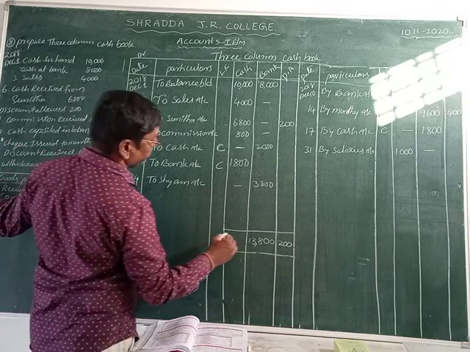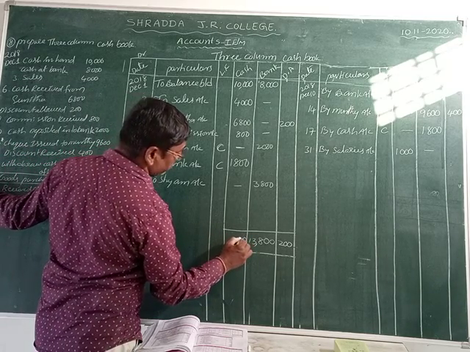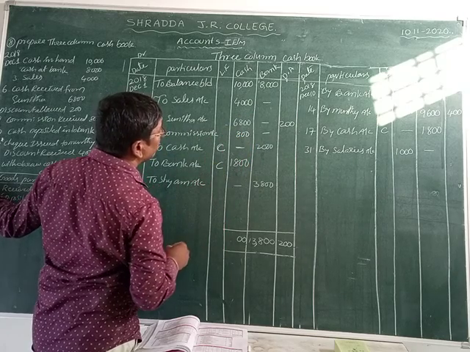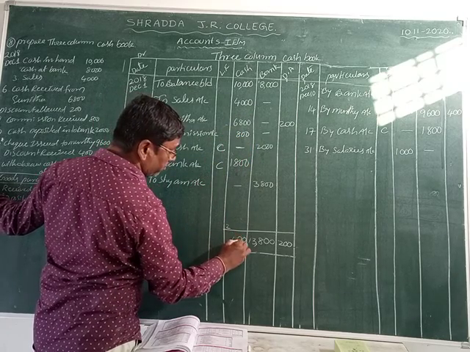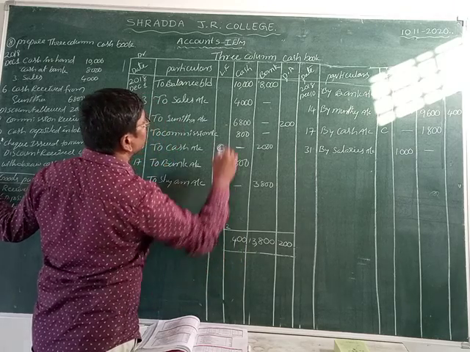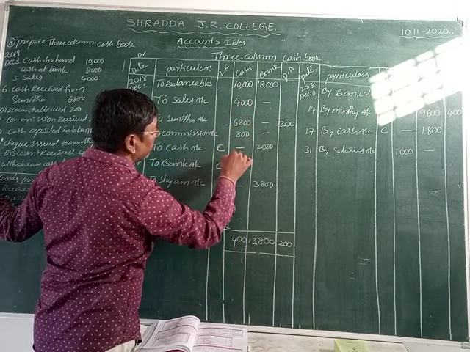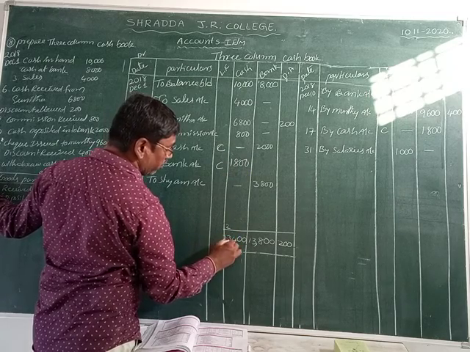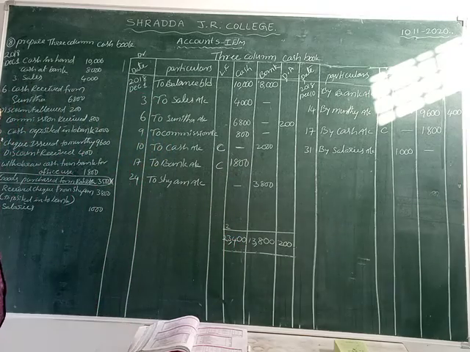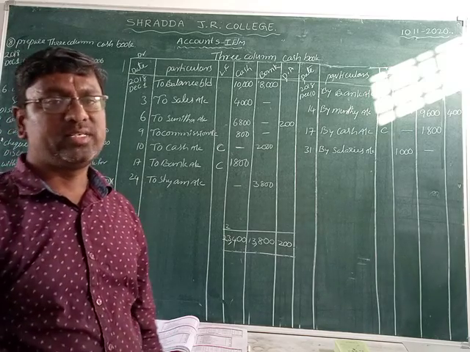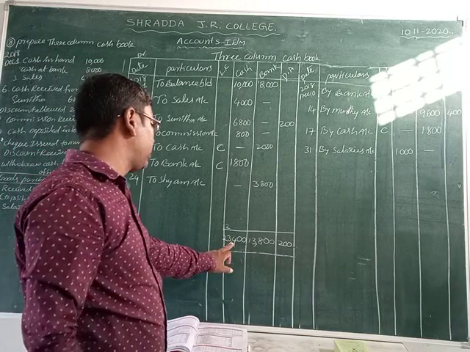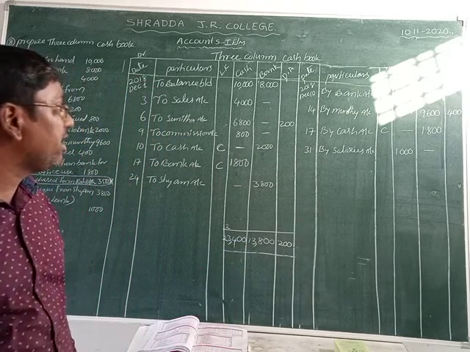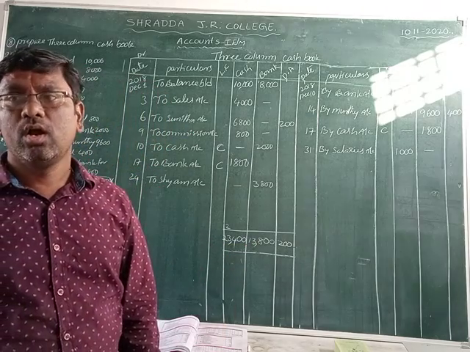Now the next one, cash: 8, 8 is 16, 16 and 8 is 24, and so on. The cash amount is 23,400 rupees.